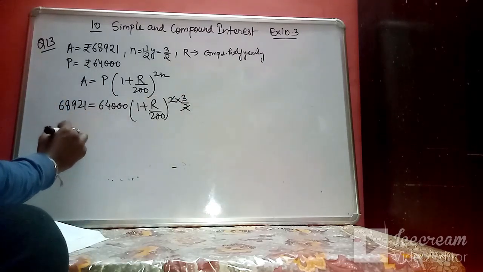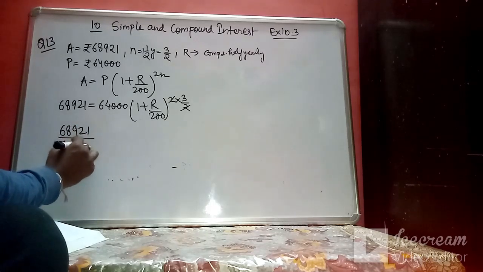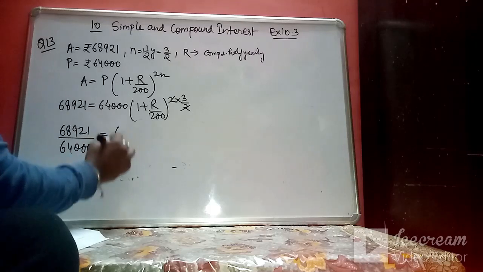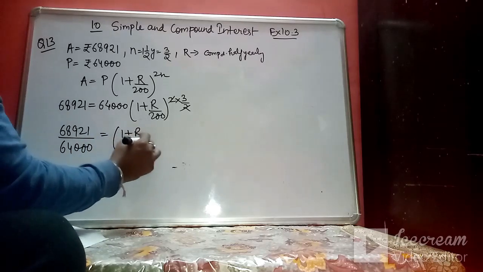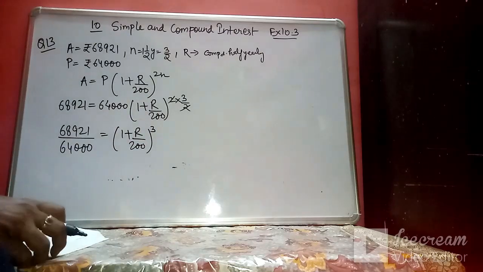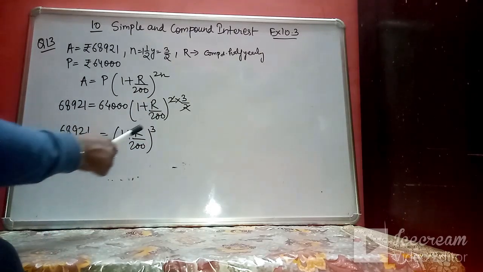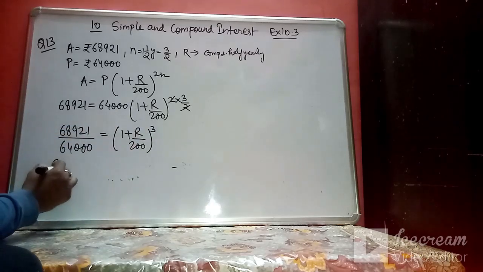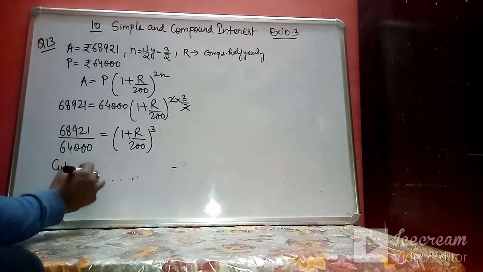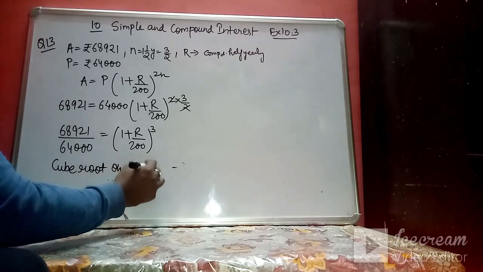So it will come here by cross multiplication. 68921 upon 64,000 equal to 1 plus R upon 200 to the power 3. Now in order to remove this cube, we will take cube root on both sides.